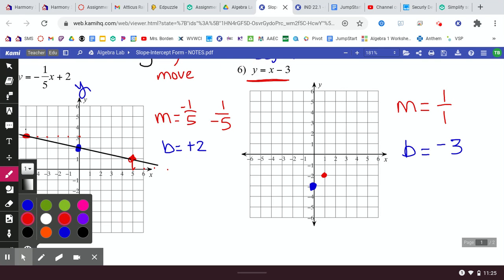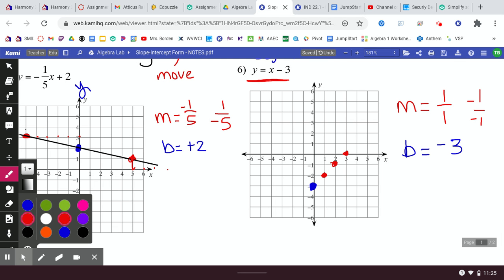All right, so from my beginning point, I rose 1 and I ran 1. Remember that with slope, you can do that forever. I can rise 1 and run 1 again. I can rise 1 and run 1 again. Now, I want to ask you something, and I'm not trying to confuse you, but sometimes you'll run out of graph, and so I want to help you here. +1 over +1, is that the same as -1 over -1? Because two negatives make a positive, right?